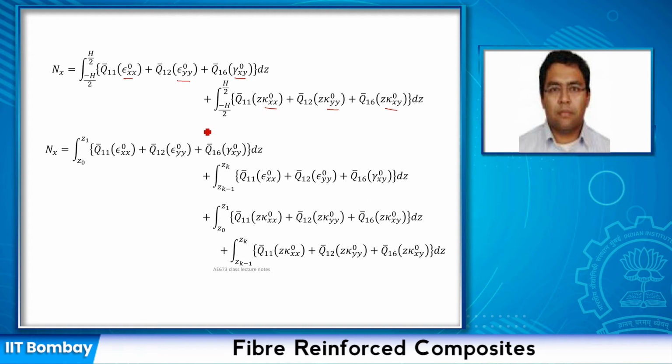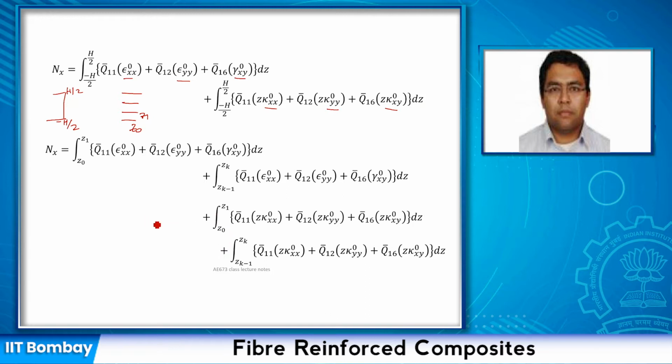The other thing we will do is this: we have taken the integral as minus h over 2 to plus h over 2. But our integral is not over one layer; we have multiple layers. So instead of minus h over 2 to plus h over 2, we will give it the z coordinates, z0, z1, going from k minus 1 to k.